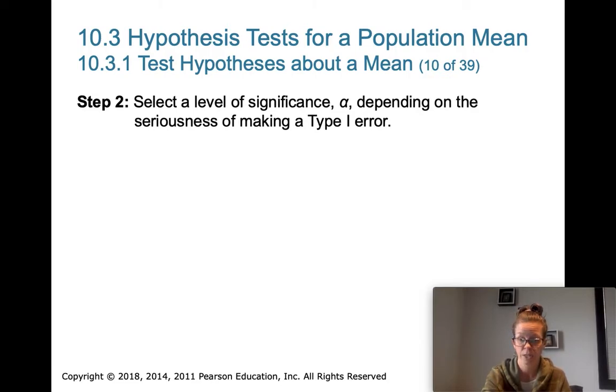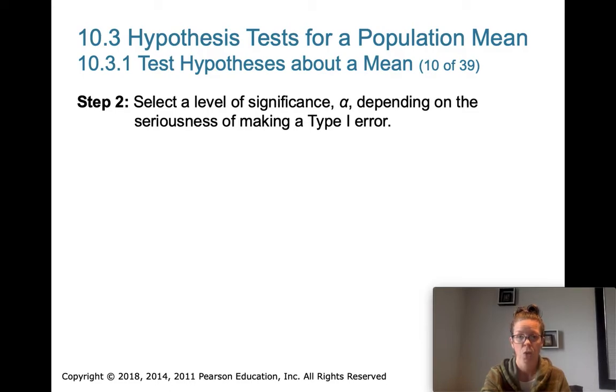Then you're going to select your significance level. How confident do we want to be about our result? Remember the significance level that you pick, which is typically going to be 0.1, 0.05, or 0.01, is the probability of making a type 1 error. And remember, the analogy of a type 1 error is sending an innocent person to jail.